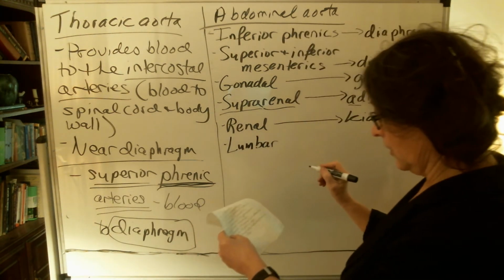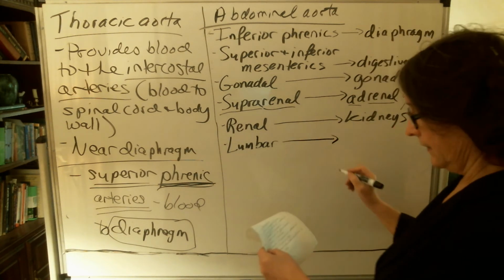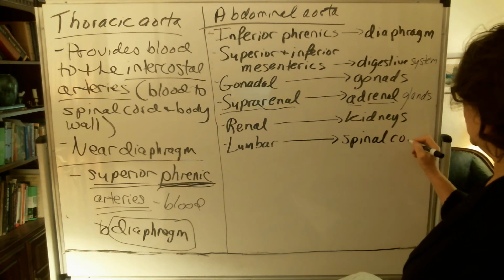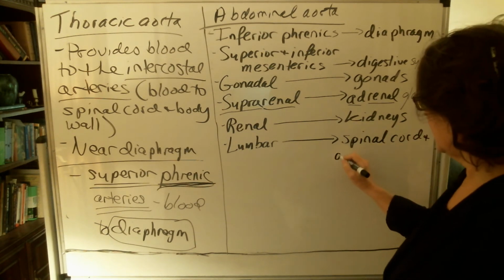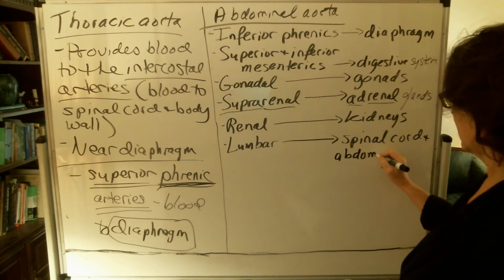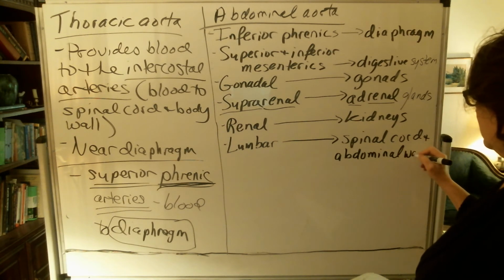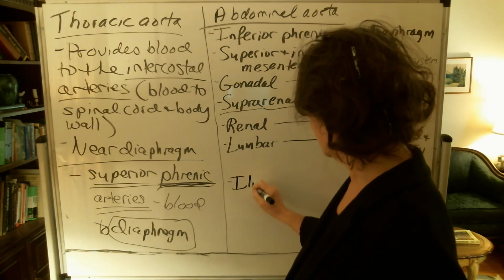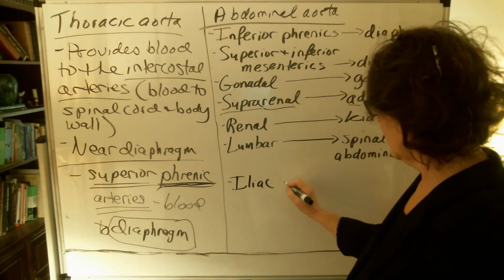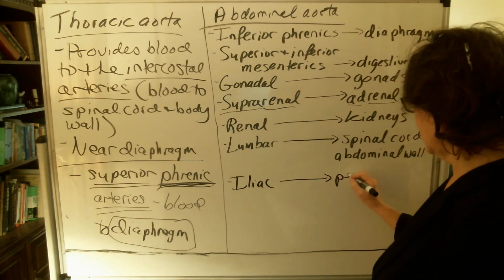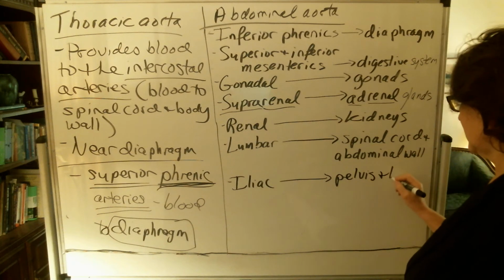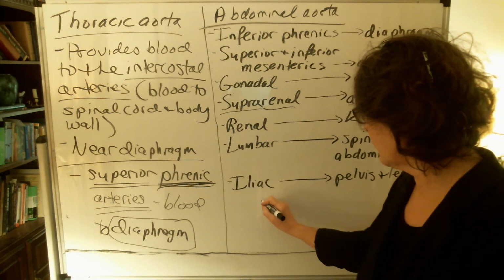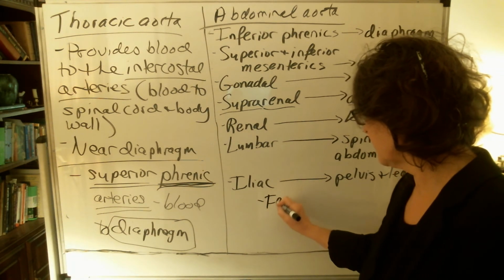the lumbar arteries that bring blood to the spinal cord and the abdominal wall, and then the iliac arteries that bring blood to the pelvis and the legs. And then one of the branches off of the iliacs.